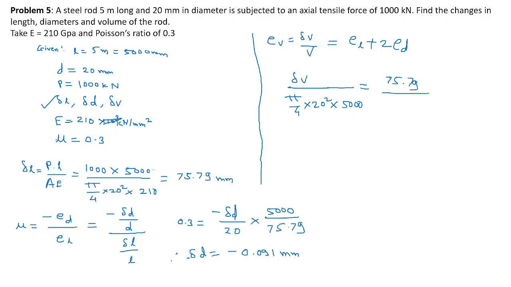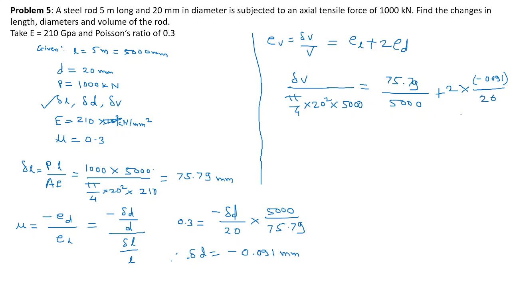Directly we can write it here, delta L upon L, and delta L is the value we found earlier, L is 5000. Next, plus 2 into delta D upon D. Delta D we put in negative, so minus 0.091 divided by the diameter, 20.